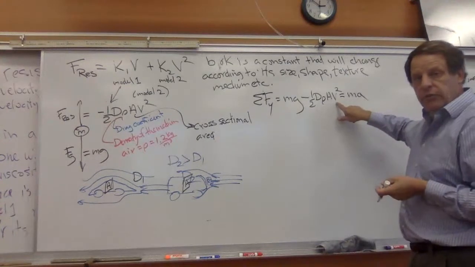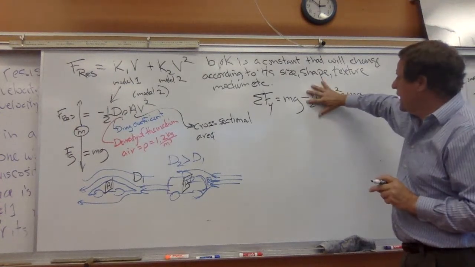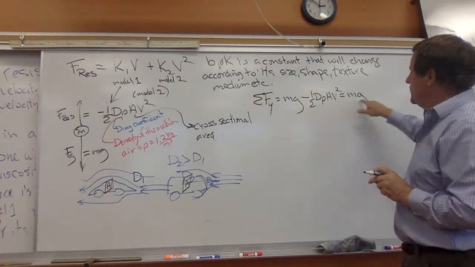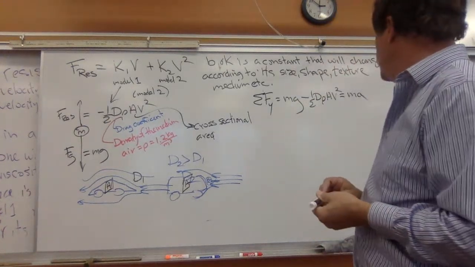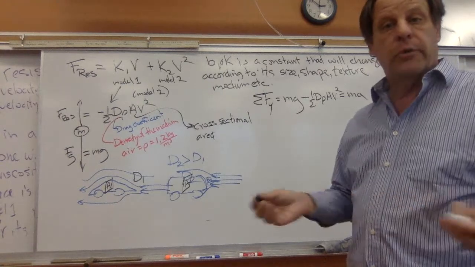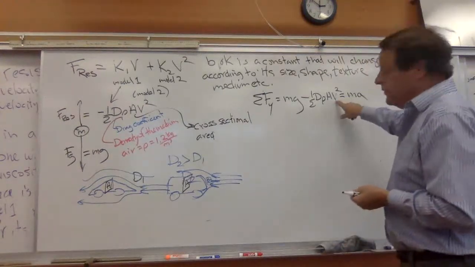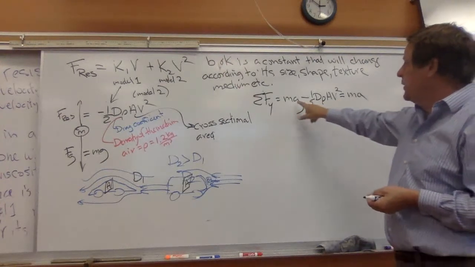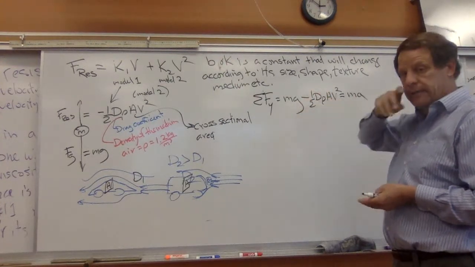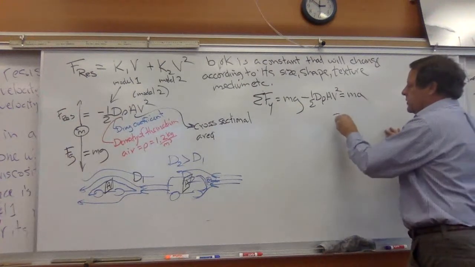To get an idea, if this velocity was 0 when it started out, then this whole factor would be nothing, and you'd have mg equal to ma, and your acceleration would equal 9.8. Now, as this increases, the overall acceleration is going to get less and less.